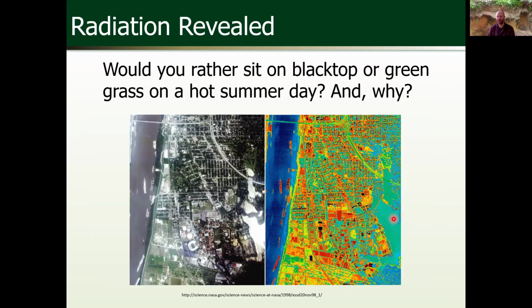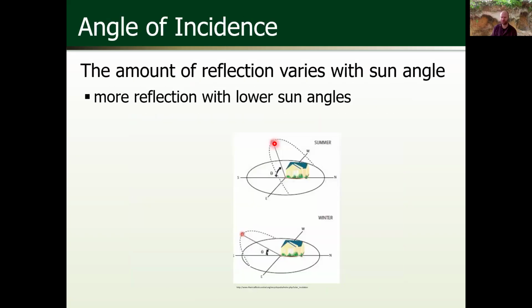And then anything green and blue is much colder. So forest, grass, and water have less absorption, and therefore there's less emission of thermal infrared energy.